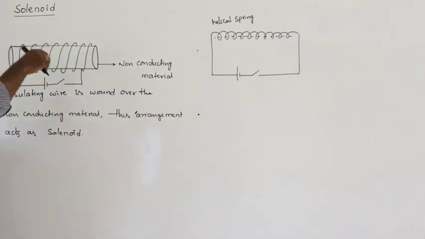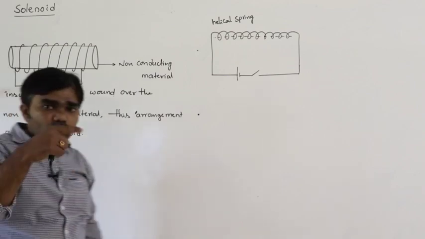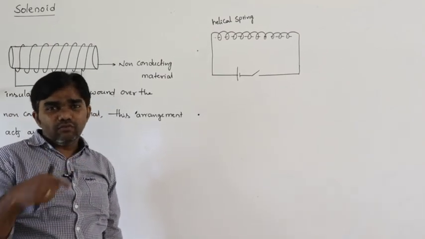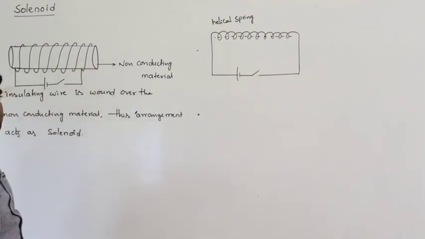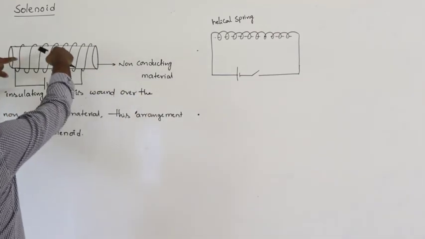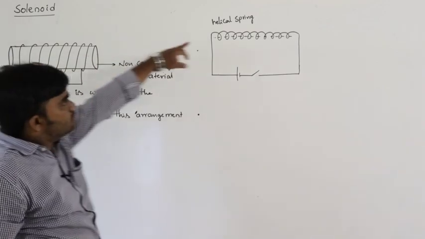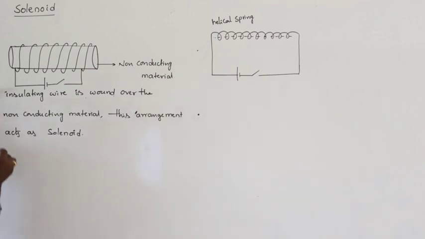So what is the solenoid? A non-conducting material, an insulating wire is wound over the non-conducting material, so that acts as solenoid. If you remove this non-conducting material and consider only the wire, that is this one.